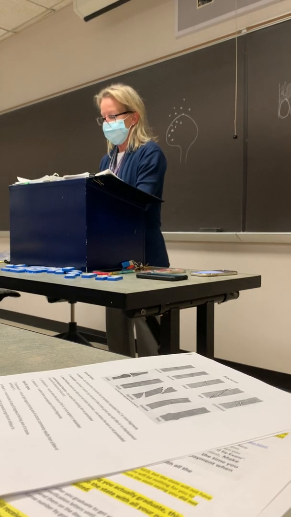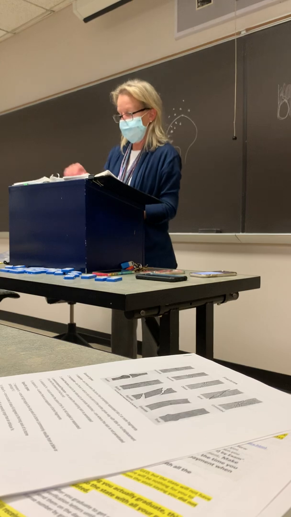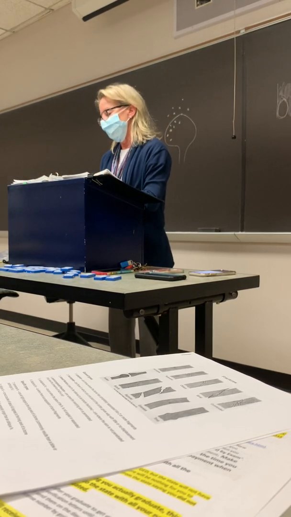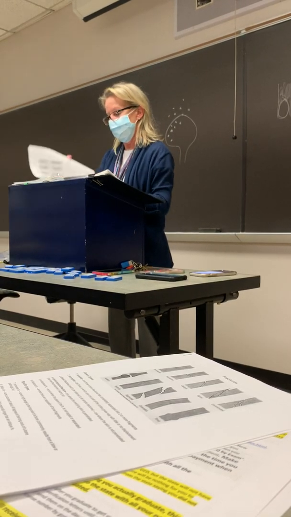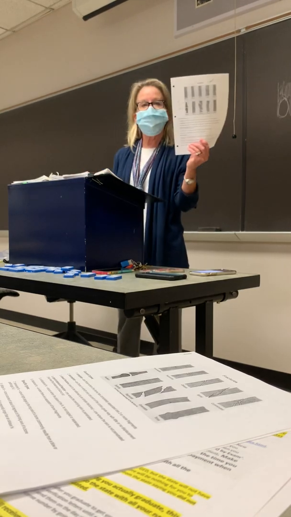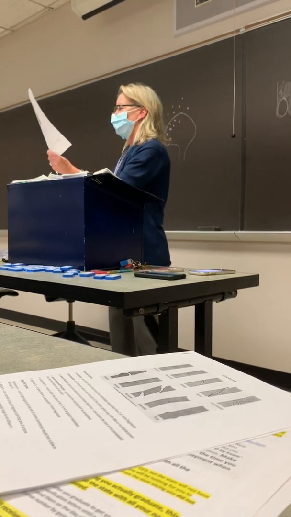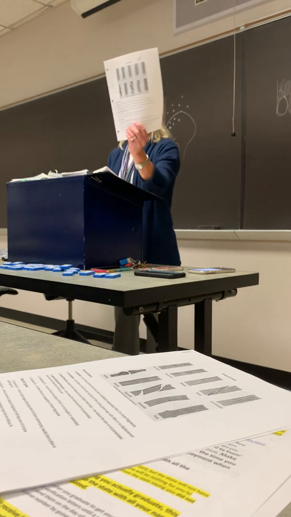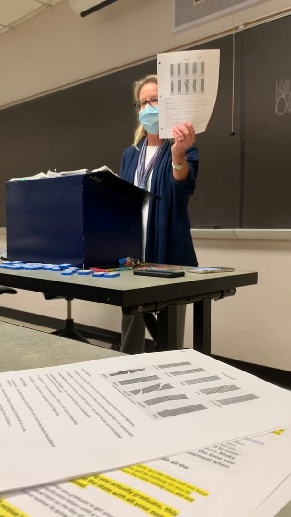Okay, fractures. I did give you a handout on fractures. A lot of fractures are going to be on your registry, you guys. So this picture is on your test of the different fractures. You have to label them.